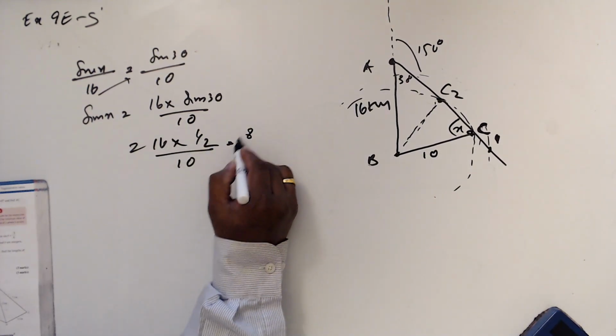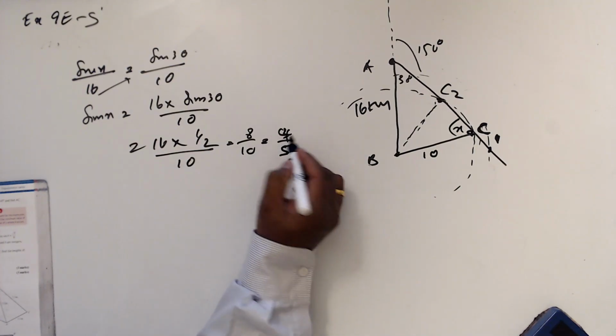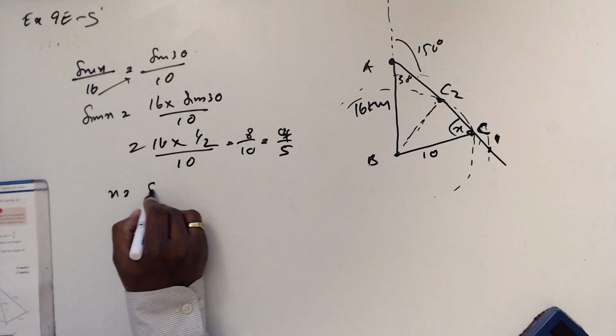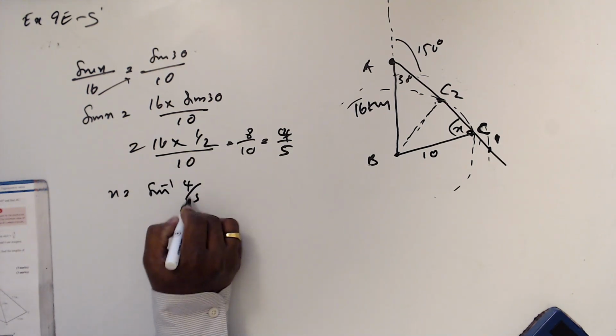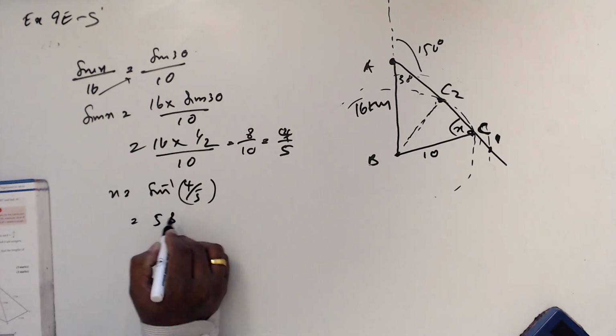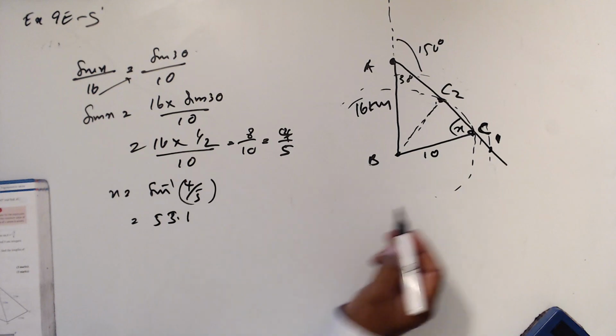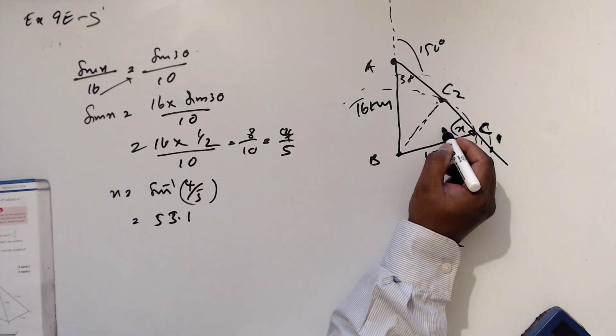This is going to be 8 over 10, which is 4 over 5. X equals sine inverse 4 over 5, which is 53.1.